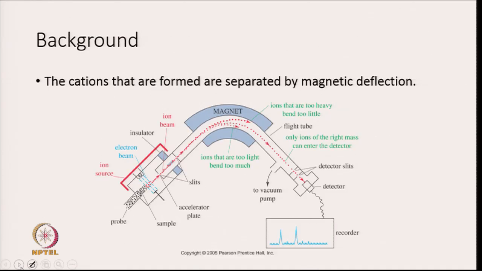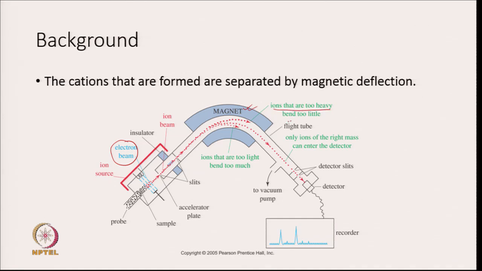The cations that are formed are separated by magnetic deflection. What happens is that these molecules are bombarded with an electron beam here, and then ions are produced. This ion beam gets deflected here in the magnet.